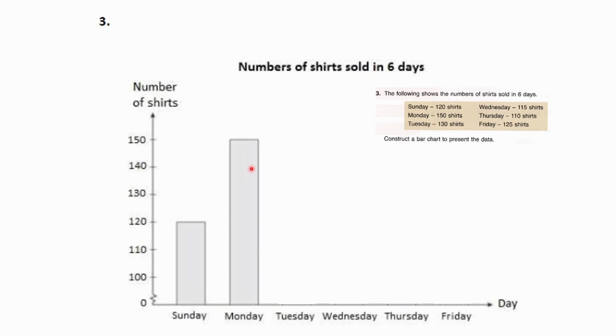And now we have Monday's bar. Tuesday, 130. So here, do the same. Use your ruler, draw the lines, and we have Tuesday's bar.